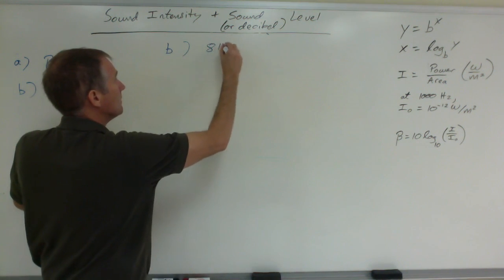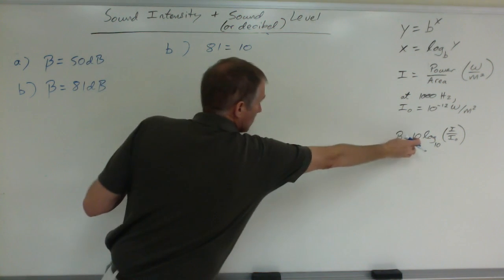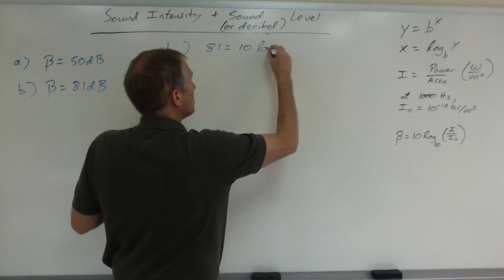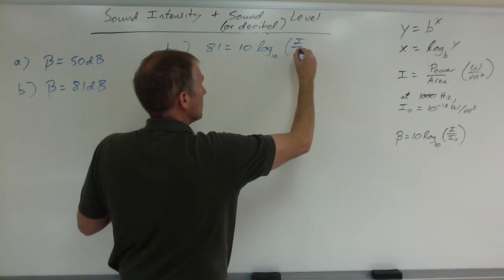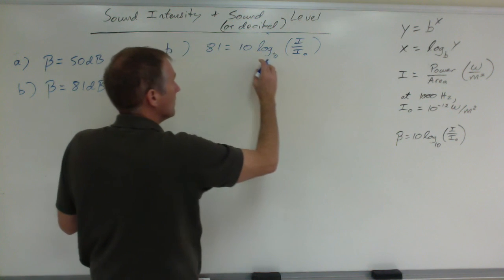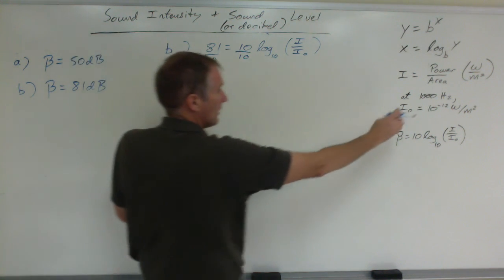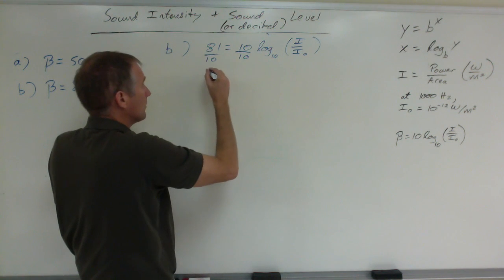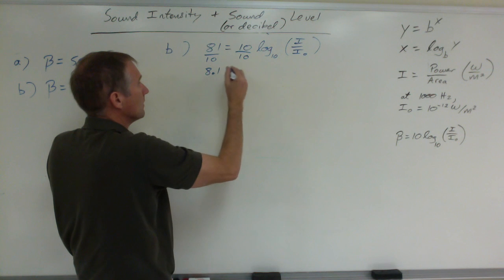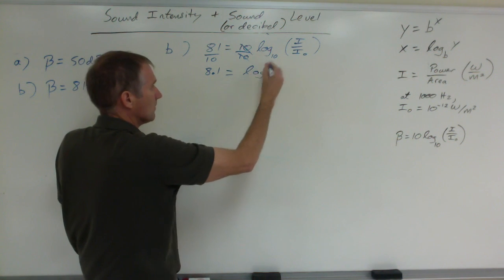So 81 equals 10, that 10 right there, log to the base 10 of the stuff in parentheses, I over I sub 0. Divide through by 10, because again, we don't have a 10 in front of this log, so we have to get that to the other side. 81 over 10 is 8.1 equals log to the base 10.